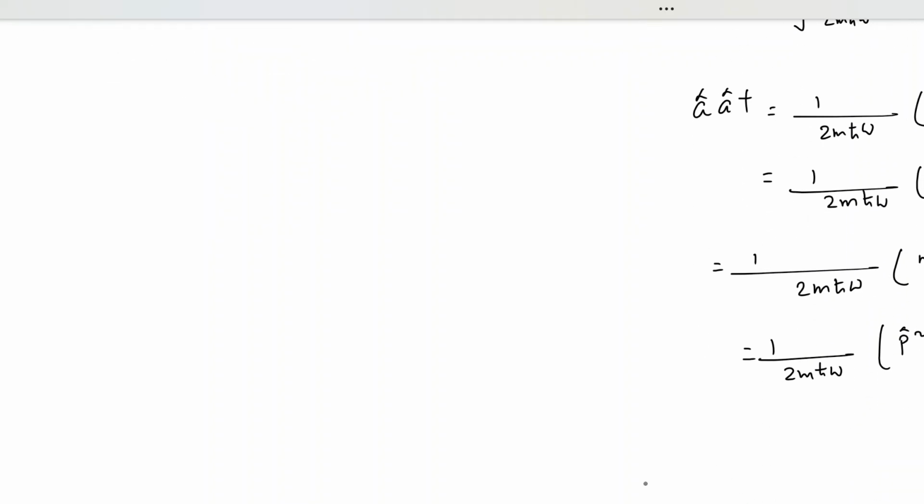Similarly, if you derive a a dagger, you will get 1 by 2m h cut omega, just the order of the terms will be different.